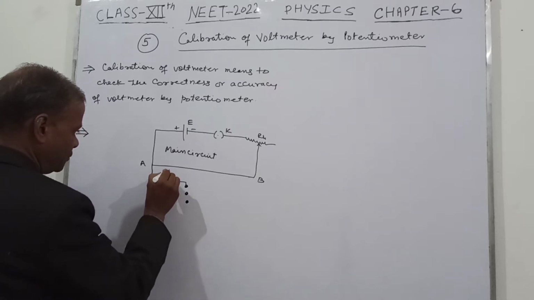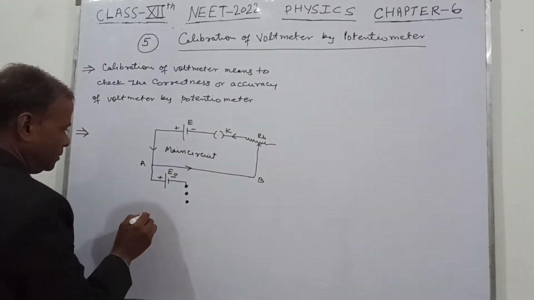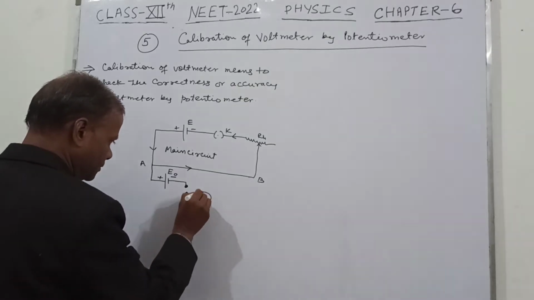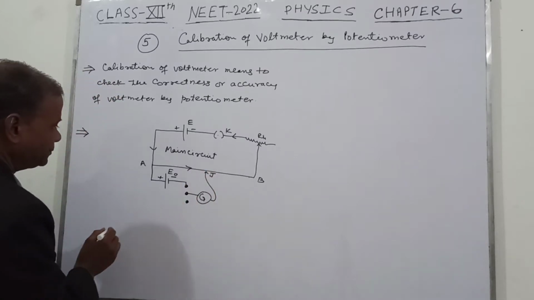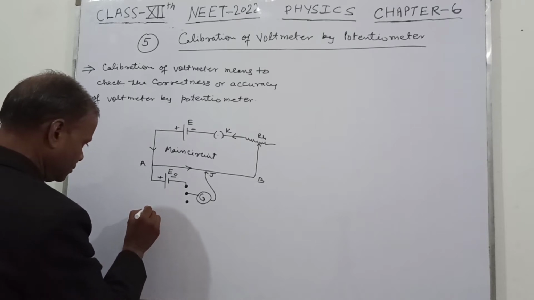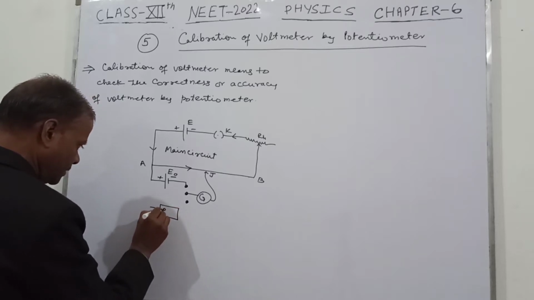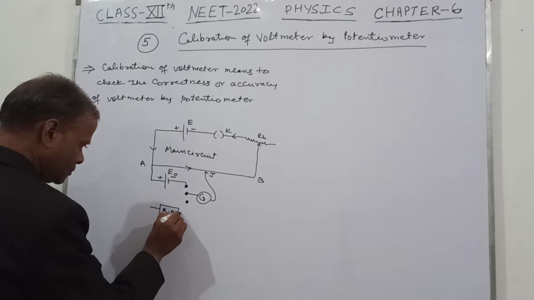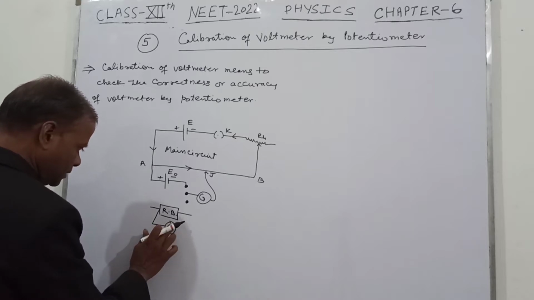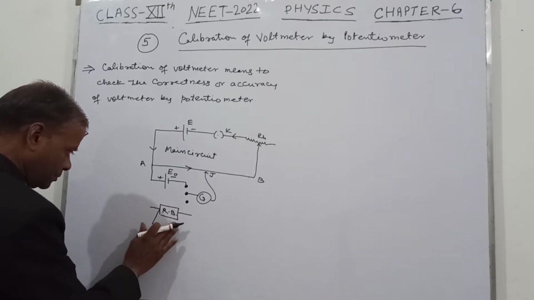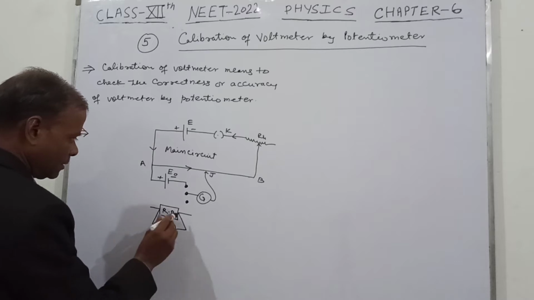Its EMF is E0. This is a galvanometer, which is J. Here we have a resistance box, and this is the voltmeter. Like this.